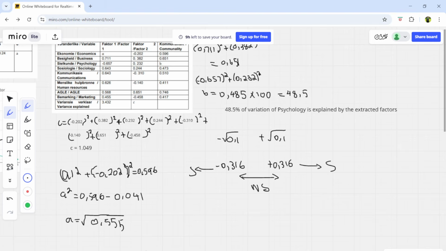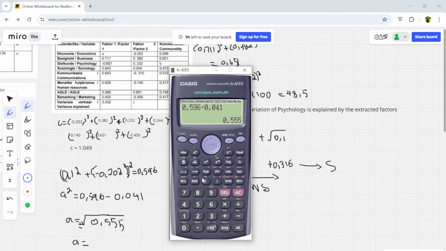Right. Okay, now that we have this, the value of a is equal to, remember, plus or minus, because the factor loading can be negative, but if you put it in brackets and square it, it will give you a positive number. So you must say plus or minus that number. Taking the square root of 0.555, the answer is 0.745.